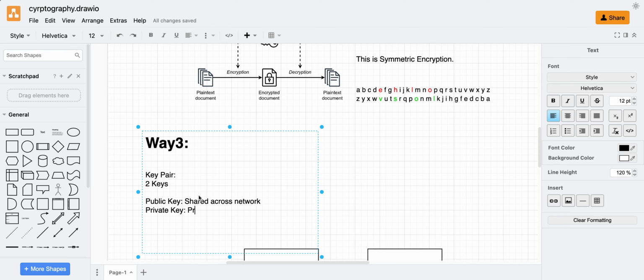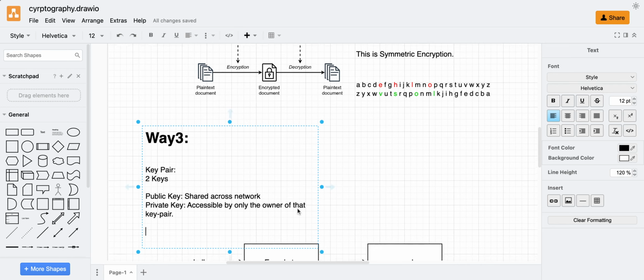So there are going to be two keys: the public key, which is shared across the internet, and the private key. Only the owner has the idea about that key or can use that key.